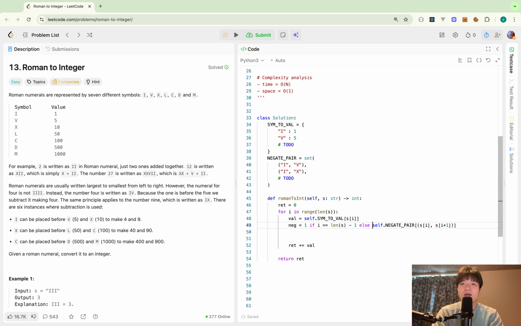So what I can say is, in this case, this should be 1, otherwise -1. Now I can say I should add bar times neg. Okay, so this is it.